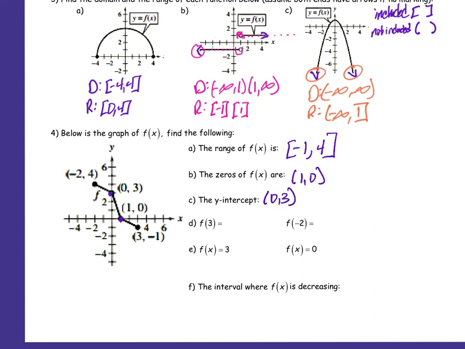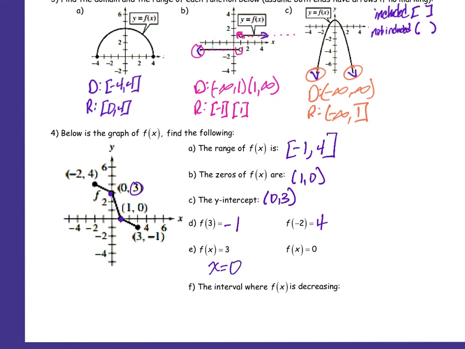Okay, D has 2 parts. The first one says, if x equals 3, what does y equal? So if x equals 3, y equals -1. And then it says, if x equals -2, what does y equal? Well, 4. And then part E says, if y equals 3, what does x equal? Well, y equals 3 is here, so x equals 0.